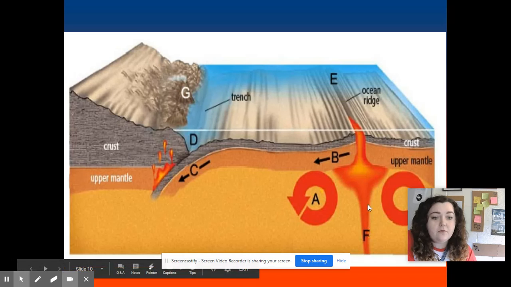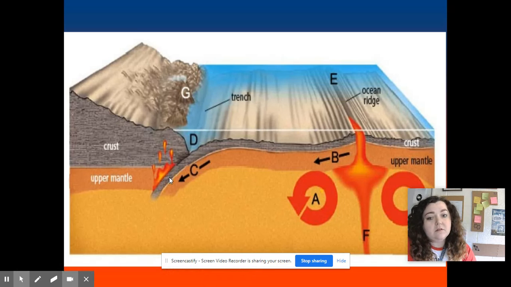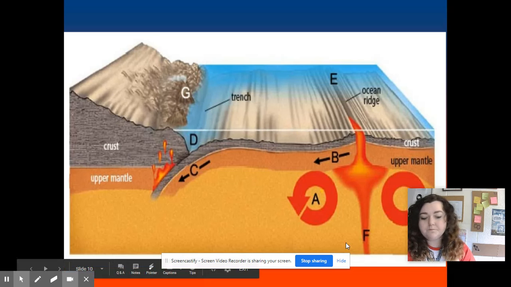And then F. Again, whenever you go to label F, you need to ask yourself, is it above the surface or below the surface? And since it's below the surface, we're going to say F is magma. So convection cell, divergent plate boundary, subduction zone, a trench, an oceanic ridge, and then magma.